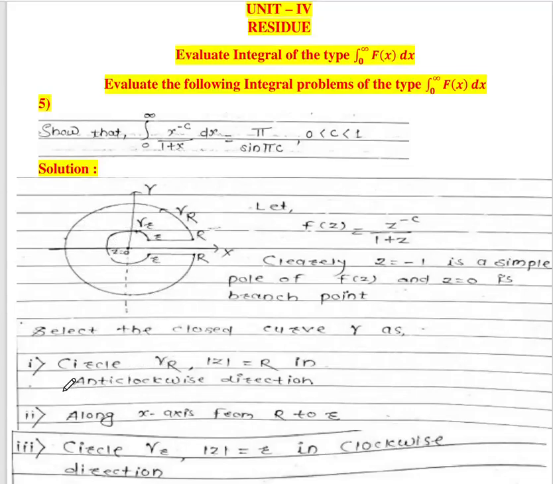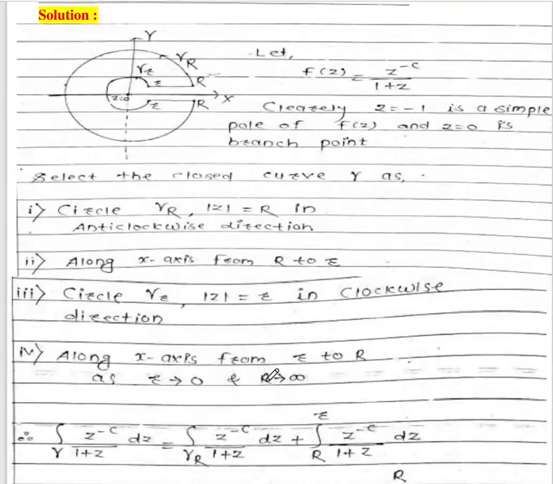The circle gamma R, that is mod z equal to R, represents a circle whose center is 0 and radius is capital R. This is the outer circle, in the anticlockwise direction.